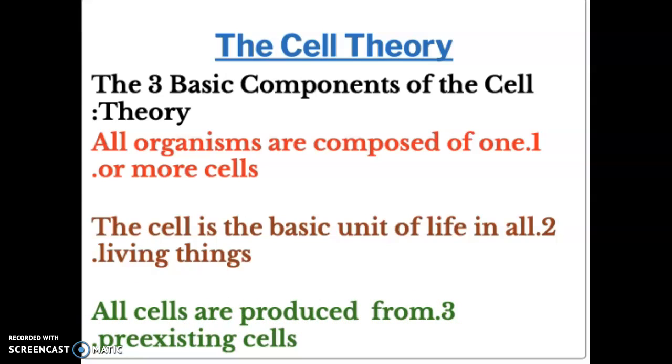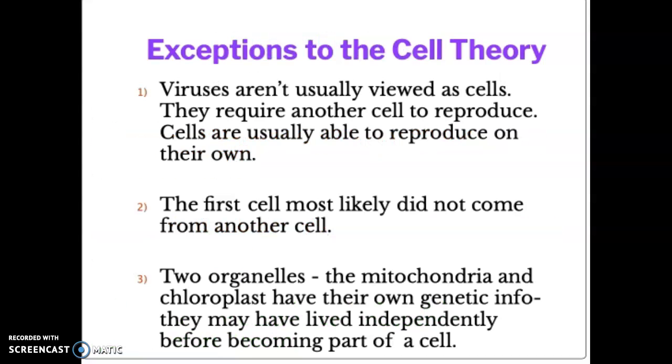As I said, there are a few different exceptions that have to be thought of, and that includes the following. So some exceptions to cell theory. Viruses, ones that cause things such as the flu virus, they're not usually viewed as cells, and the reason for that is because viruses require other cells.